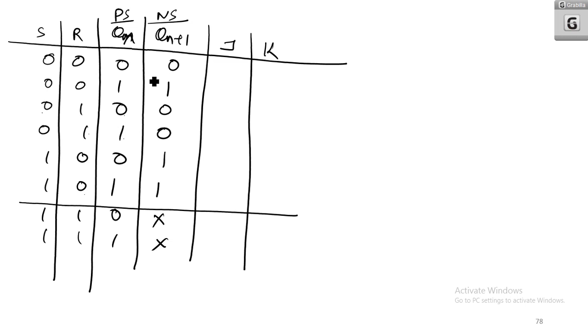Now, if you are coming into the excitation table of JK, 0 to 0 means 0 don't care, and 1 to 1 means don't care 0. 0 to 0 means 0 don't care. 1 to 0 means it is reset.